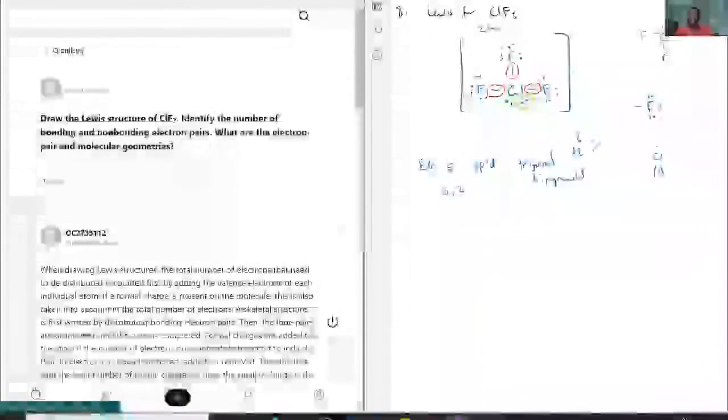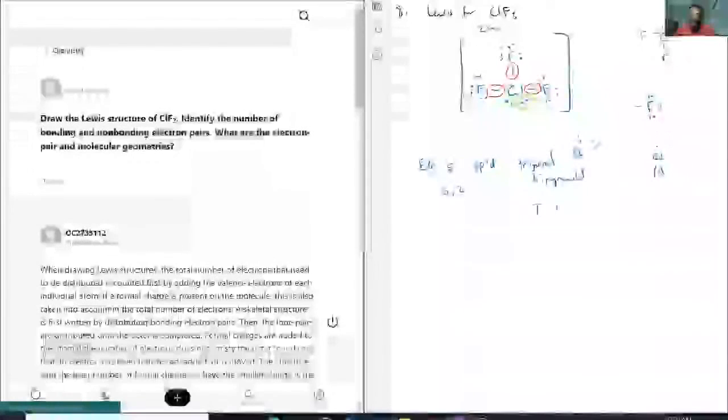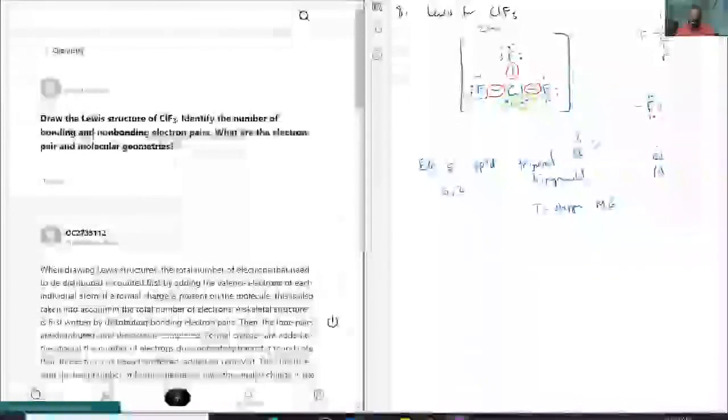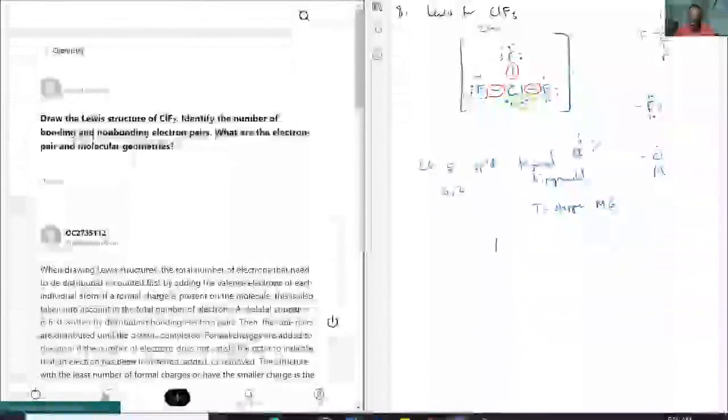Now, because it's a 3-2 split, the molecular geometry is known as T-shape. What I mean by that is that the lone pairs are going to be one on the top, one on the bottom for the chlorine, each with 2 electrons, and then this is going to stick out like that.